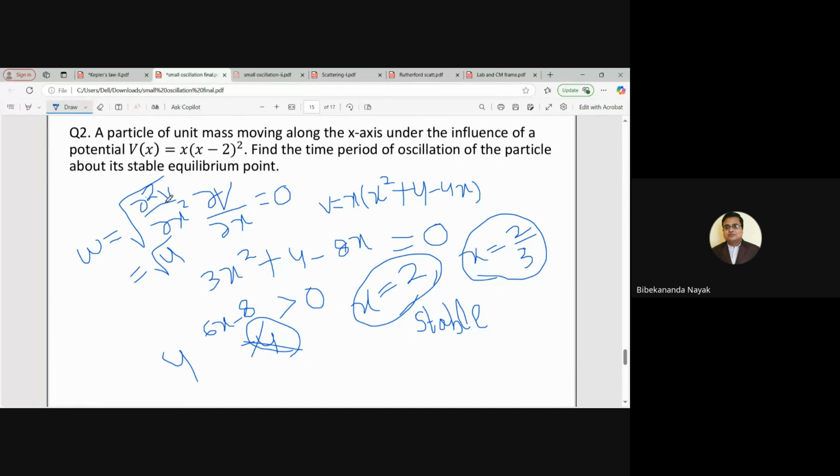If it is negative, then it is imaginary, which is not possible. Okay, so omega is equal to how much? 2. So the question is to calculate the time period. Time period T is equal to 2 pi by omega. So if you divide 2 pi by 2, the answer will be pi. Okay.